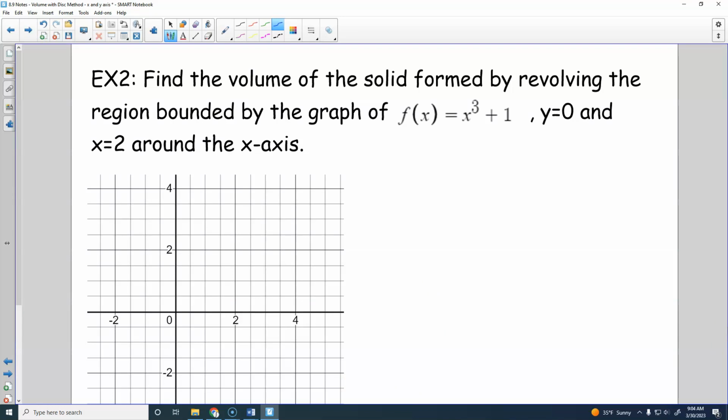Okay, we are finding the volume of the solid formed by revolving the region bounded by the graph of x to the third plus 1, y equals 0, and x equals 2 around the x-axis. So for this, let's start by graphing that cubic.